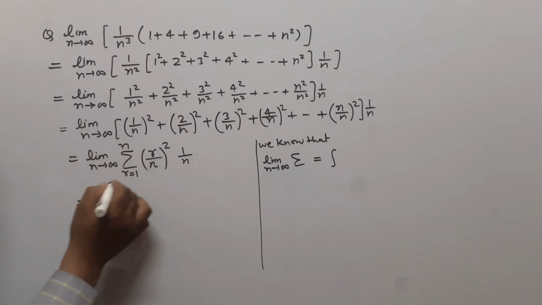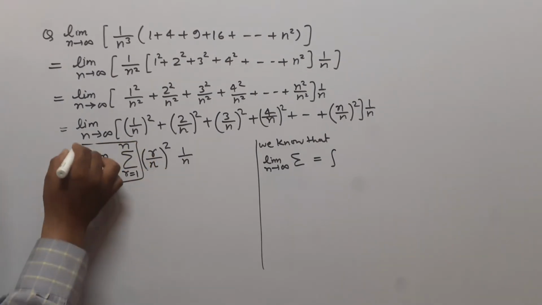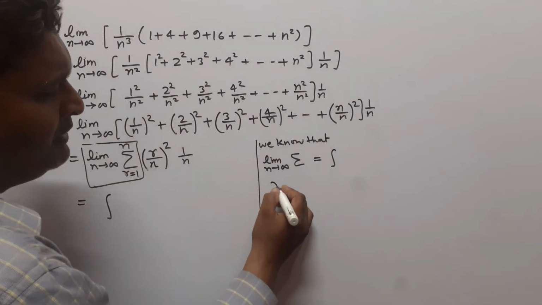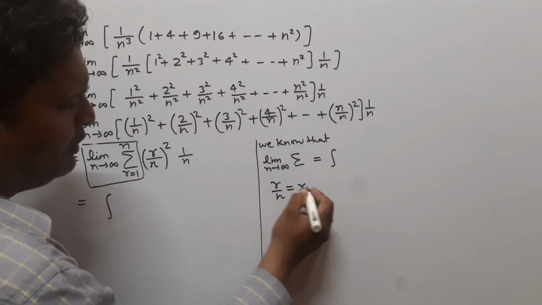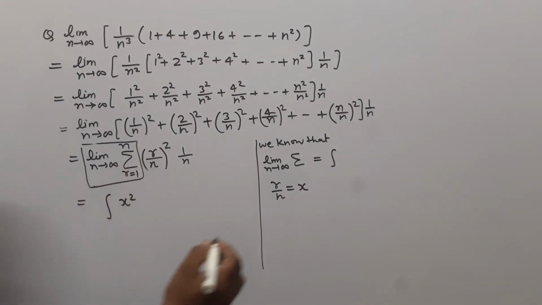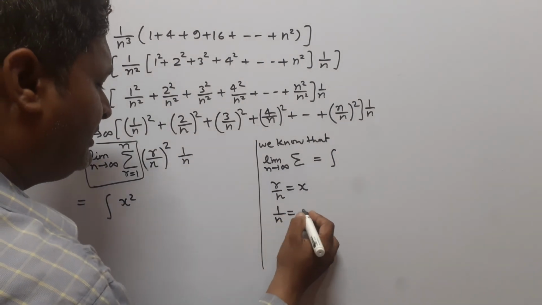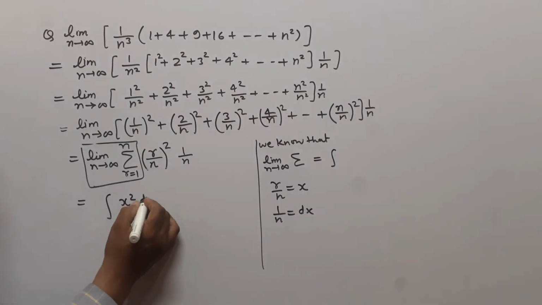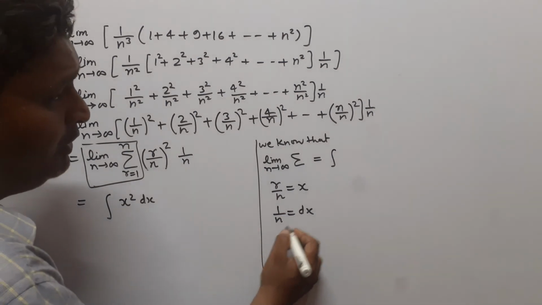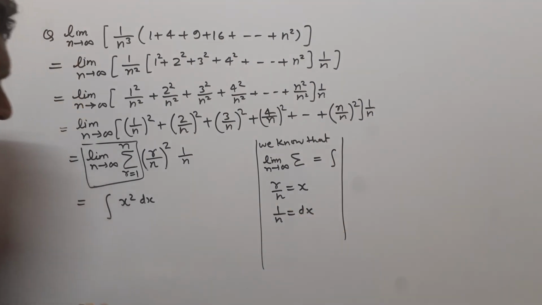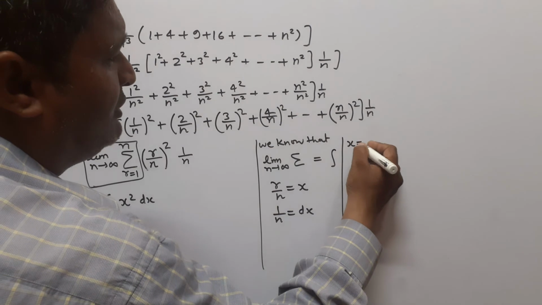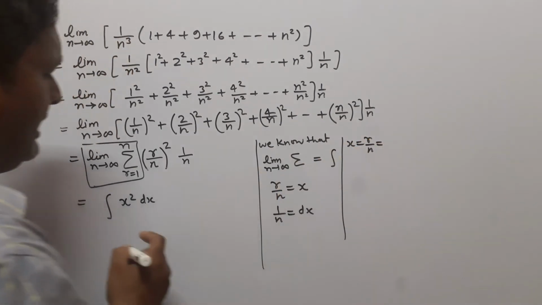So this can be written as an integral sign, and here we know that r by n equals x, so we write here x, so this is x square, and we know that 1 upon n is equal to dx, so we write here dx. Now we find the limits of this integral.